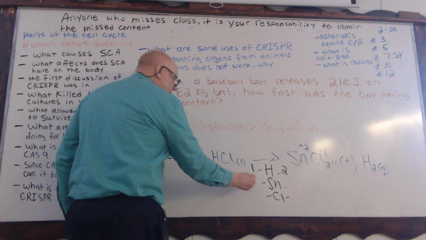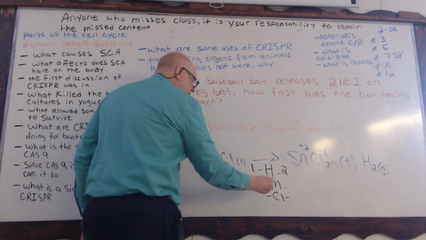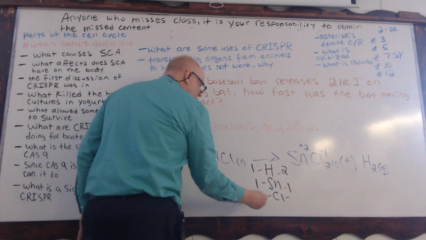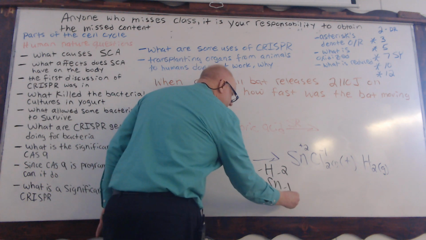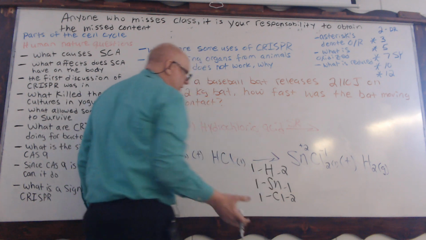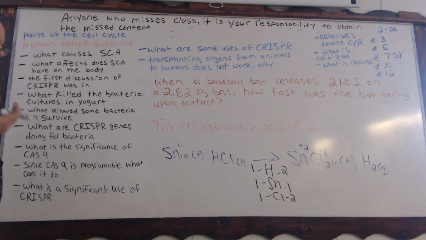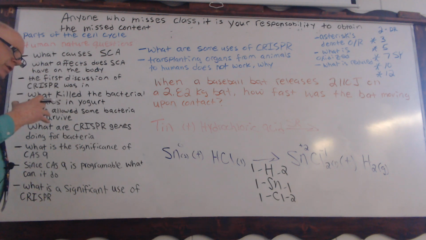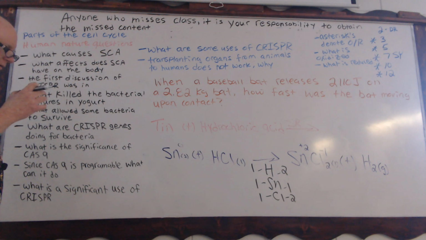Tin's on the left, one. Tin's on the right, one. Chlorine's on the left, one. Chlorine's on the right. Okay? So you can do this process. For some people, if that's what works for you, I would suggest continuing to do that. Or you can just do trial and error.